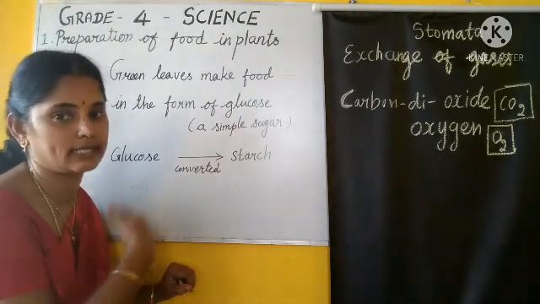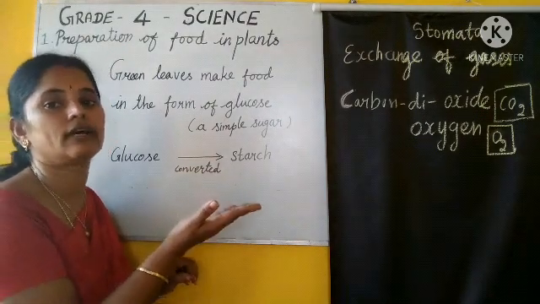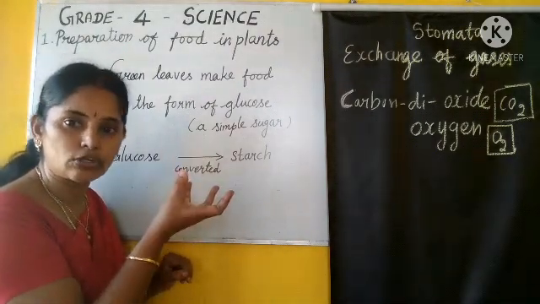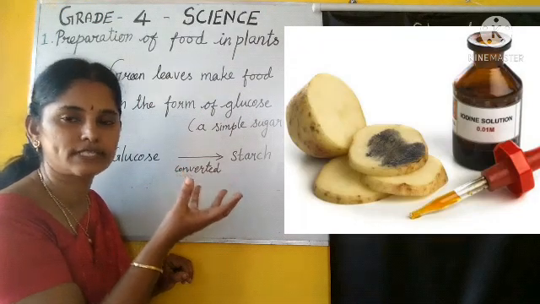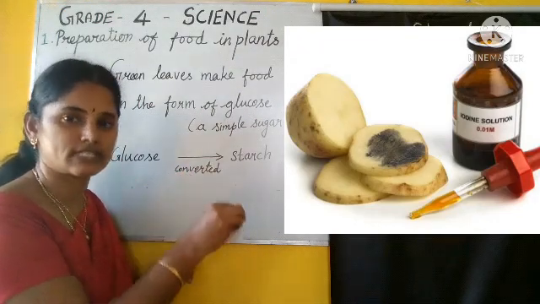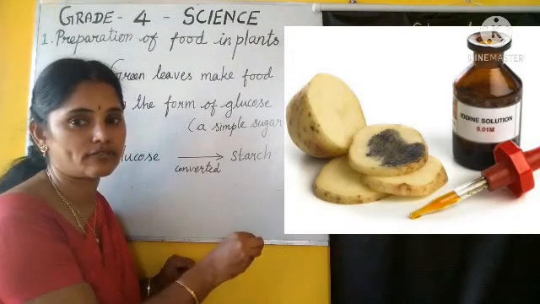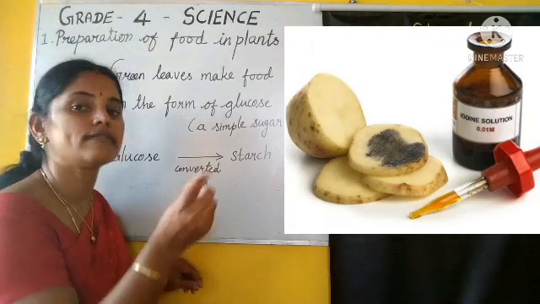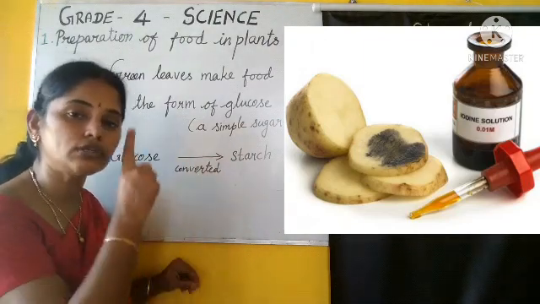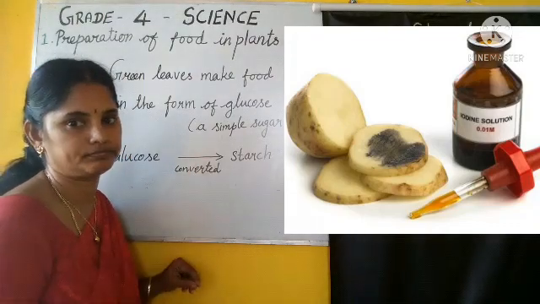In the previous session we tested the potato, no? The stored form of starch is present in the potato. We used iodine solution to test the presence of starch. The same way, now we are going to do a starch test in the leaf.